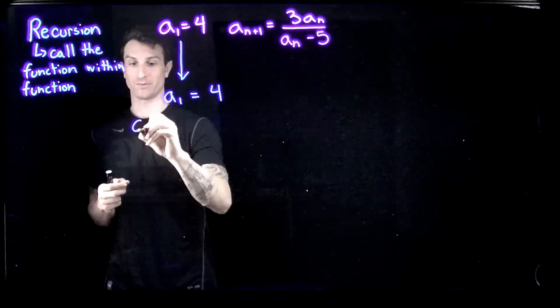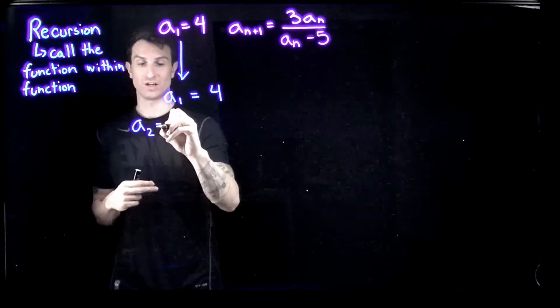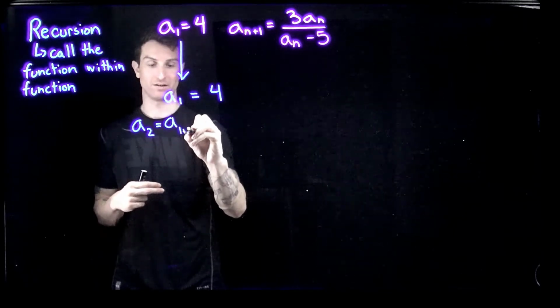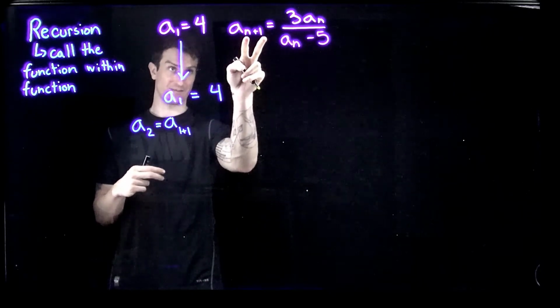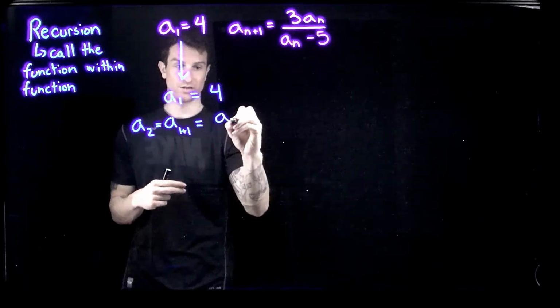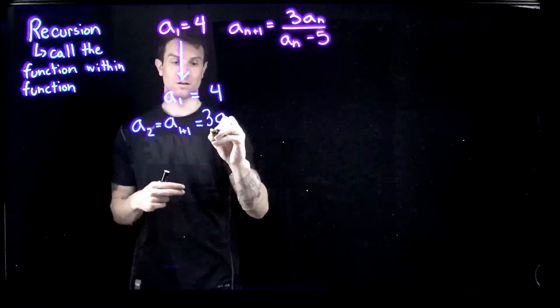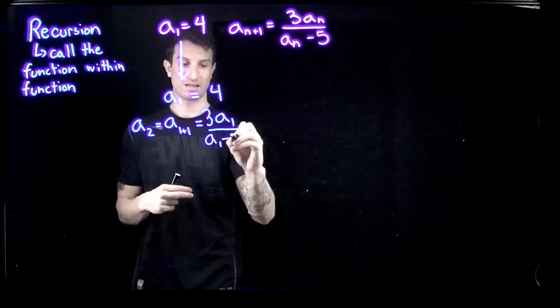And what do I notice here? I'm going to break this down as much as I can. A sub 2, which I know to be, right, a sub 1 plus 1 down here. This is a mini plus sign, right? I'm trying to make it look just like this, n plus 1. So now 1 plus 1 must be equal to 3 a sub 1, sorry, all over a sub 1 minus 5.